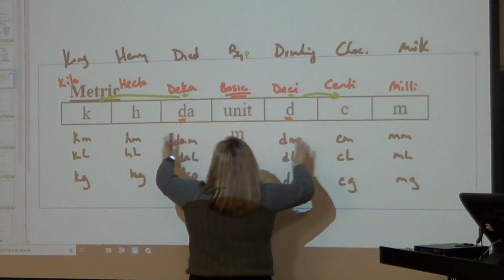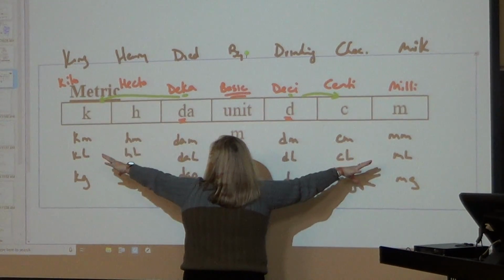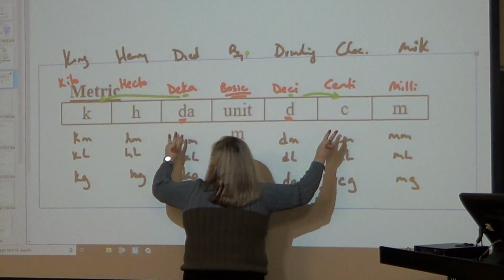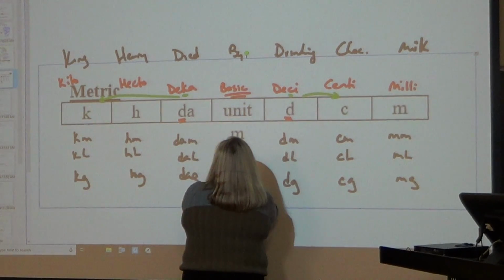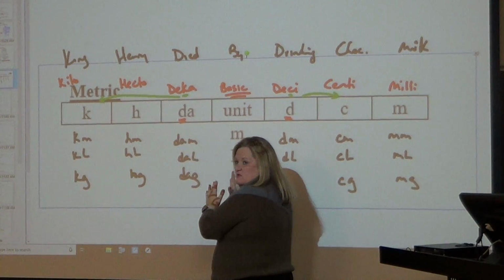Now, notice that everything over here is either double or triple letters. In the middle is your single letters.